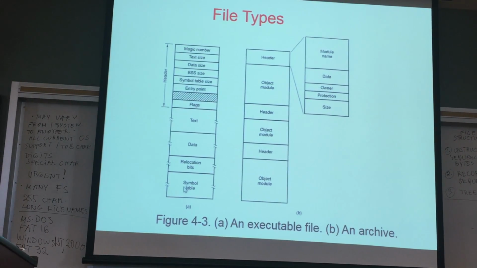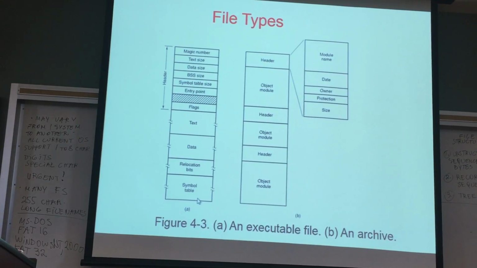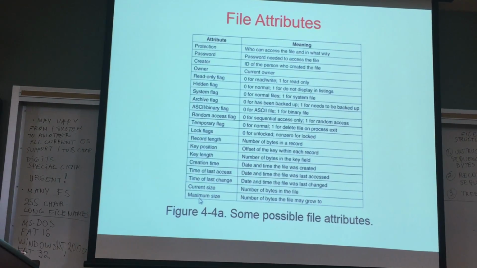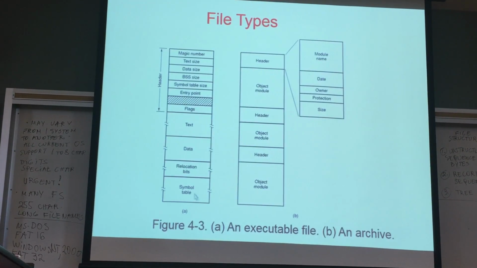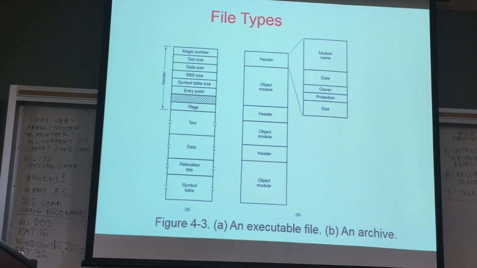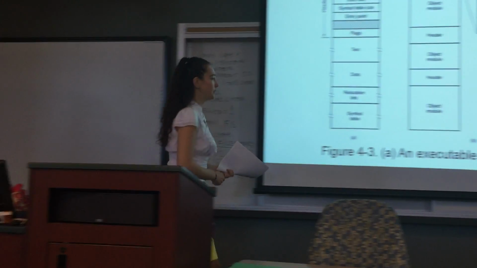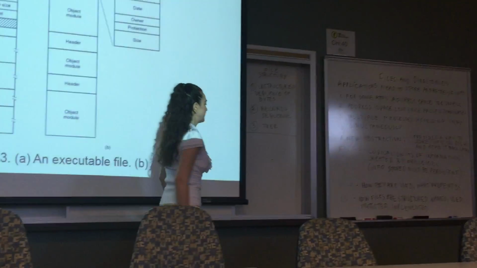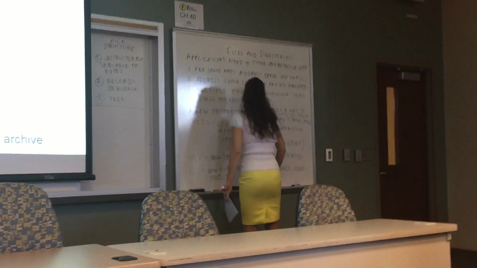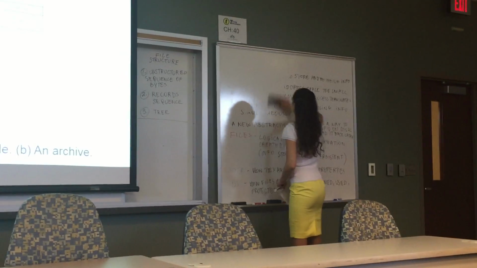So this, on the bottom here, the symbol table is used for debugging the executable file. So when the file is executable, it has a special format so that the operating system knows that it can execute it.